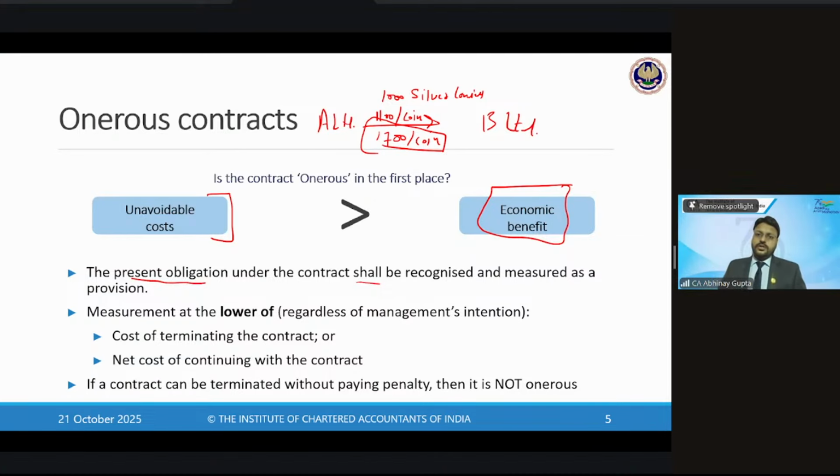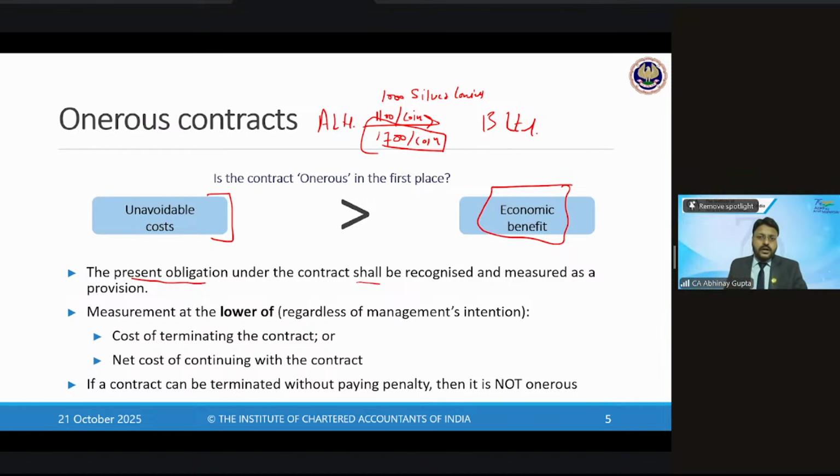The cost of producing the goods is becoming higher than the selling price, so the company expects losses if they fulfill the contract. So this contract has become onerous for A Limited, because if they fulfill it, they will start losing money.